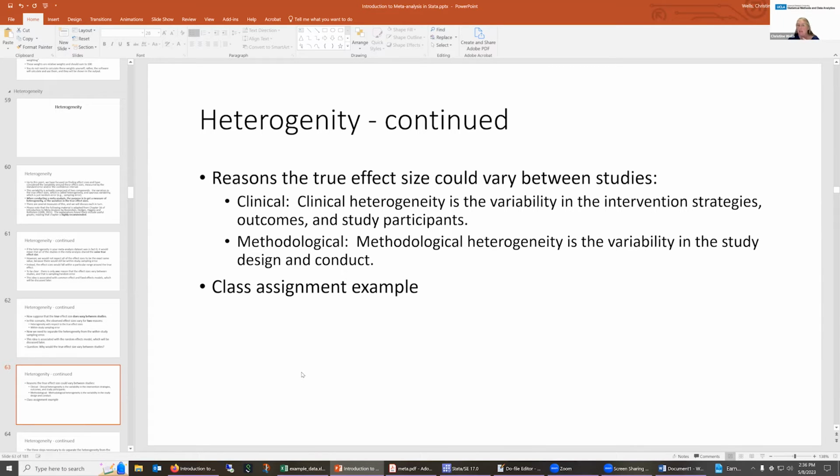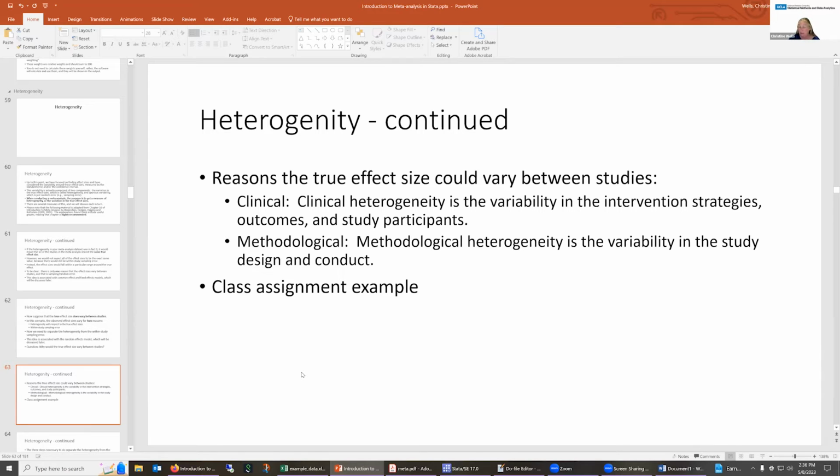If you went out and did this, we would be thinking in terms of the scenario in which you have only one true effect, right? And the only difference that's going to show up in your effect sizes is going to be this random or sampling variation.